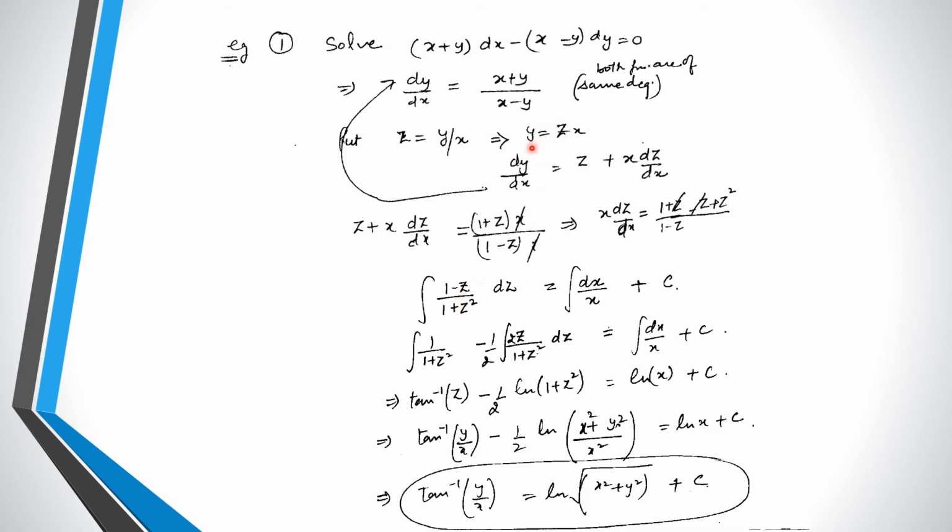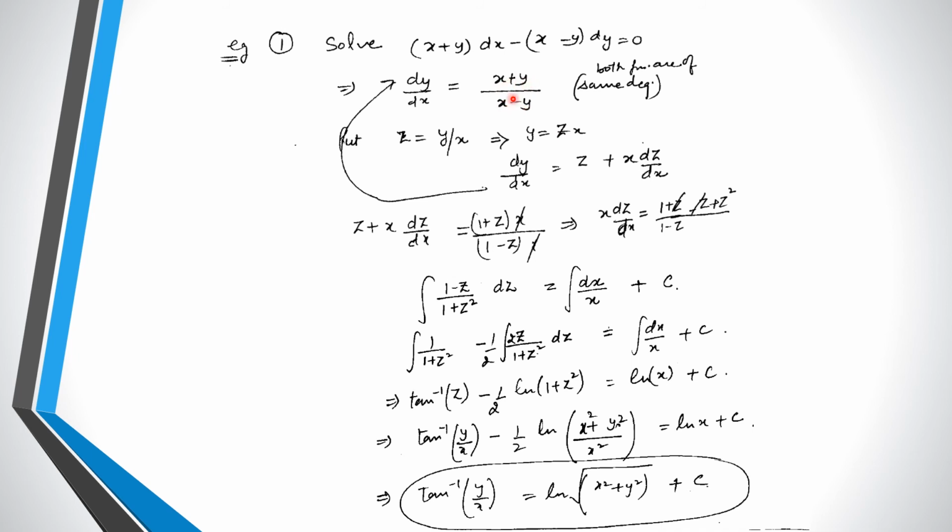Now just see, we have substituted y is equal to zx. So find the value of dy by dx in terms of z. So dy by dx is equal to z as it is into the derivative of x, which is 1, plus x as it is into the derivative of z with respect to x. Now substitute this value over here. So you will have this equal to, put the value of y to be zx, x plus zx upon x minus zx.